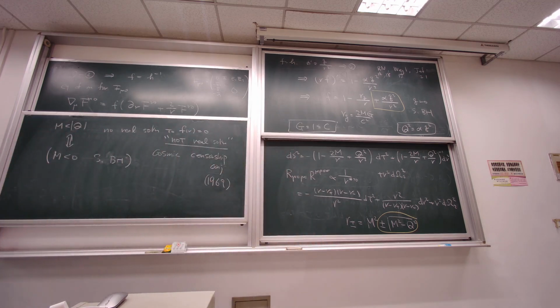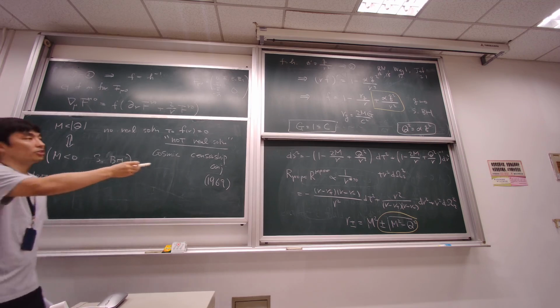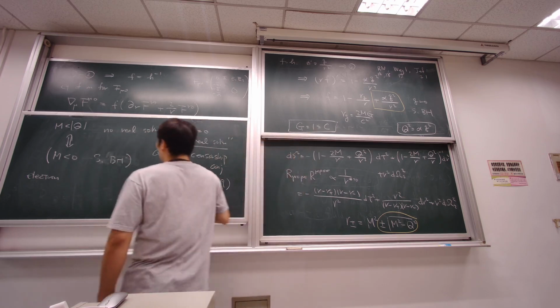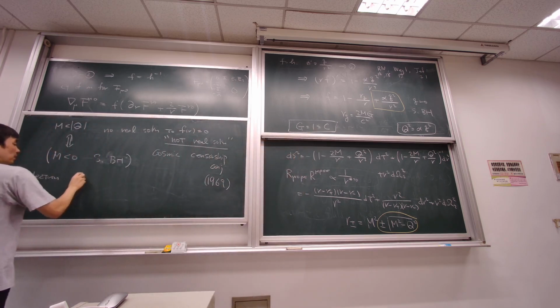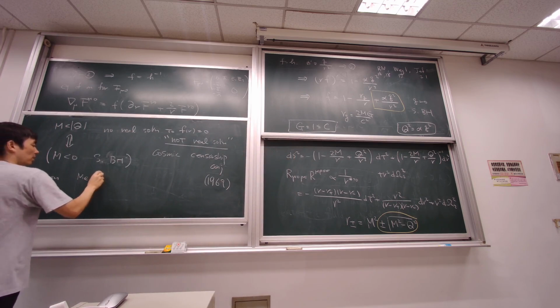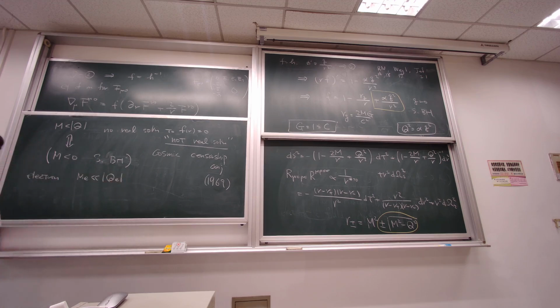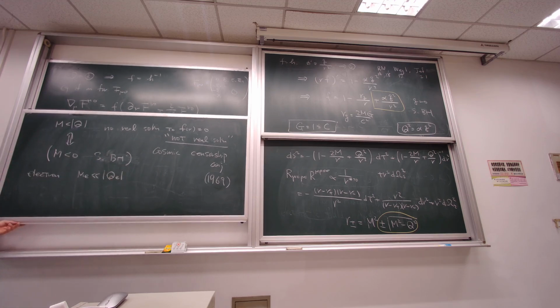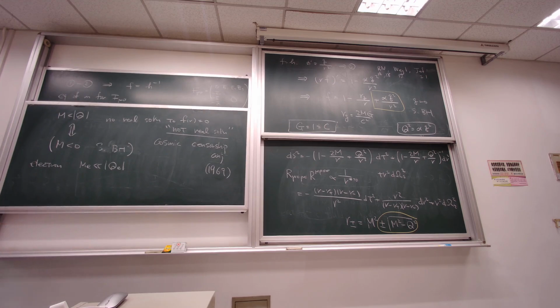And also one thing one can do is some interesting estimate. Okay. So electron, in this unit, G equal to 1, c equal to 1, the mass of the electron is much less than the charge e. In this case, we can ask the question: can an electron become a black hole?